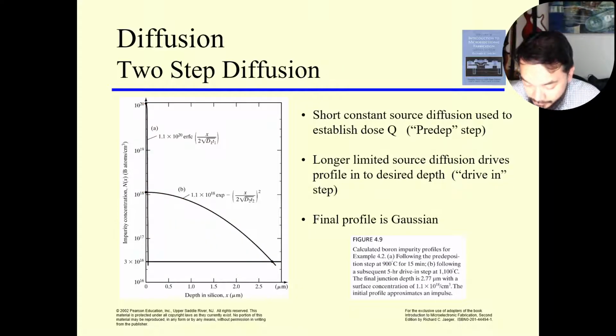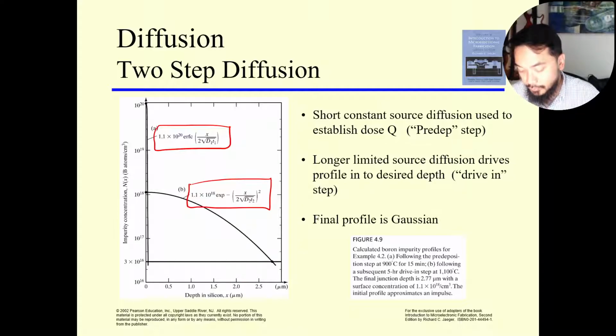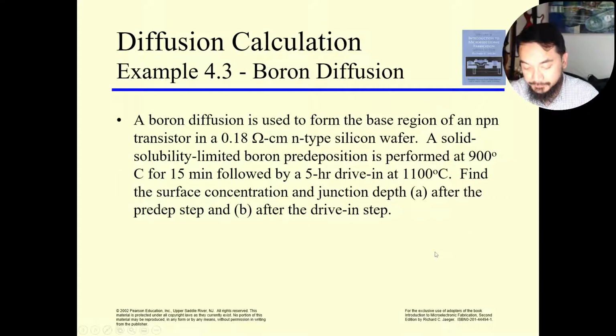So the first impulse is based on the complementary error function. Then the second one is based on Gaussian distribution. The first step establishes the dosage. The second step is to drive in so that you can get the correct shape of the well.